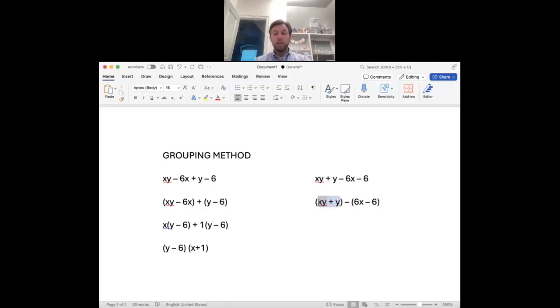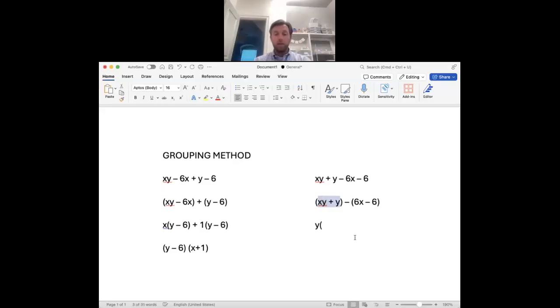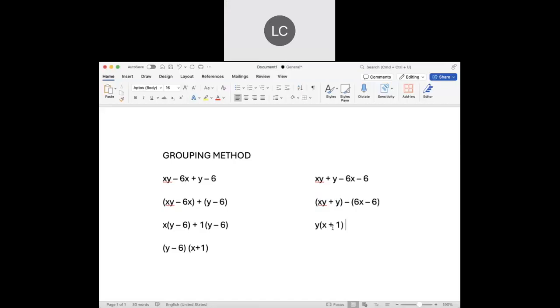What's the GCF out of the first set of parentheses? Y. What's left behind when I pull a Y out of each one? X plus 1. Perfect. Bring down that minus sign in between. What's the GCF out of this one?